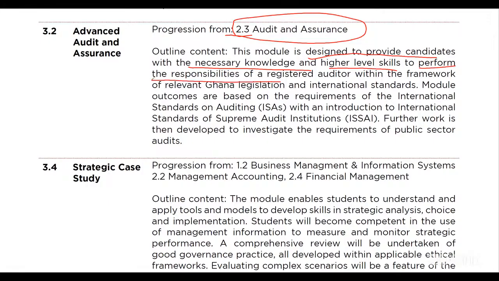The responsibilities of a registered auditor within the framework of the relevant Ghana legislation and international standards. So module outcomes are based on the requirements of the International Standards on Auditing, ISAs, with an introduction to International Standards of Supreme Audit Institutions, ISSAIs, and then the public sector framework. Further work is then developed to investigate the requirements of public sector audits.